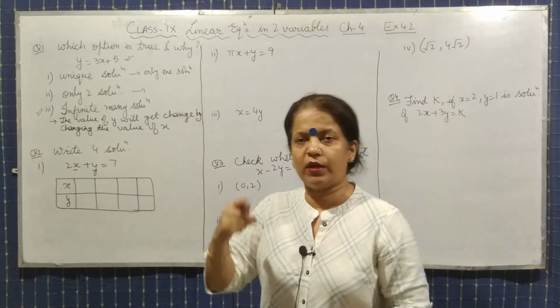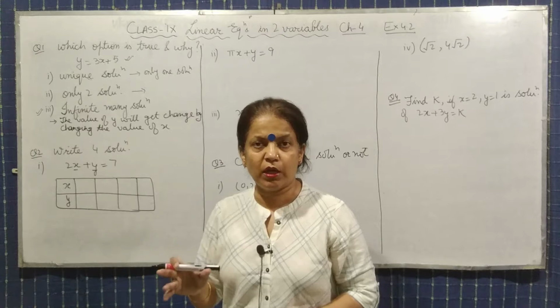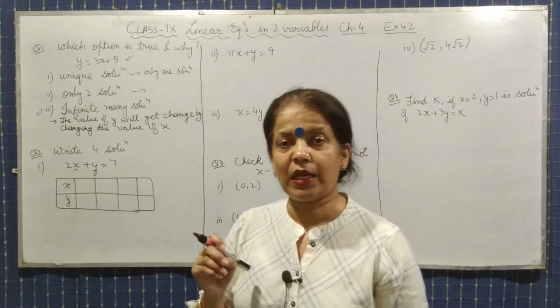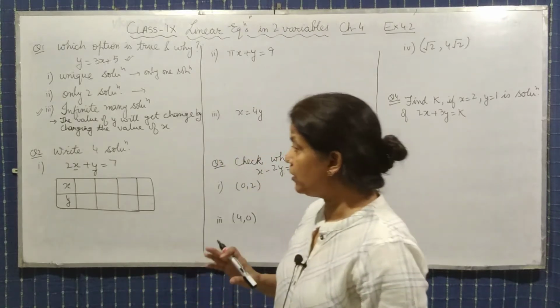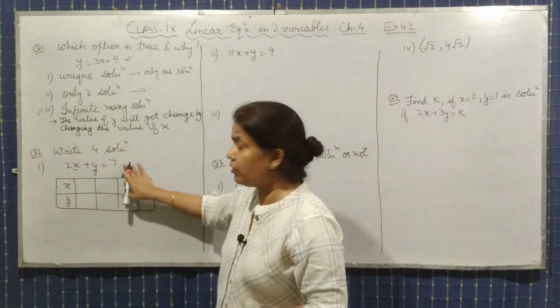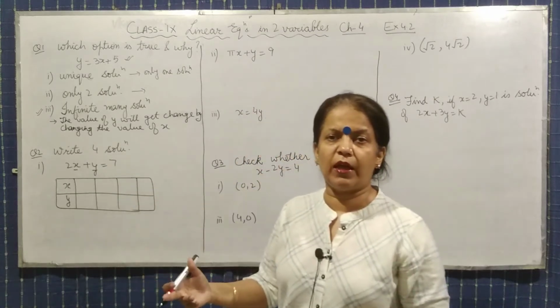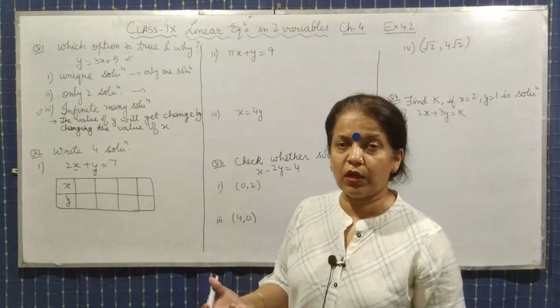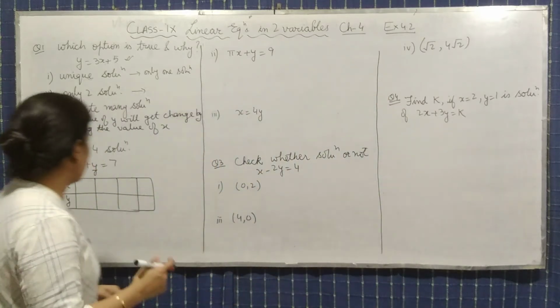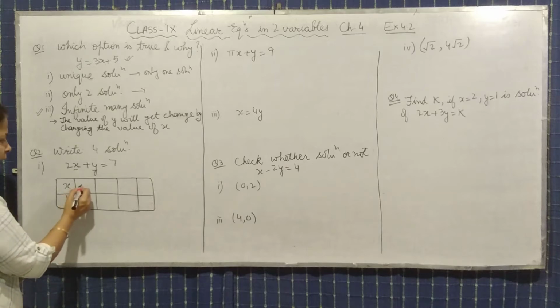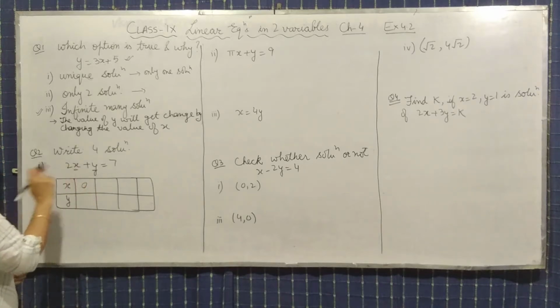You can take the 0 value also, including 0. So take any value of x and find out the value of y. Try to do it verbally as much as you can. Take it as 0. The x value is 0.